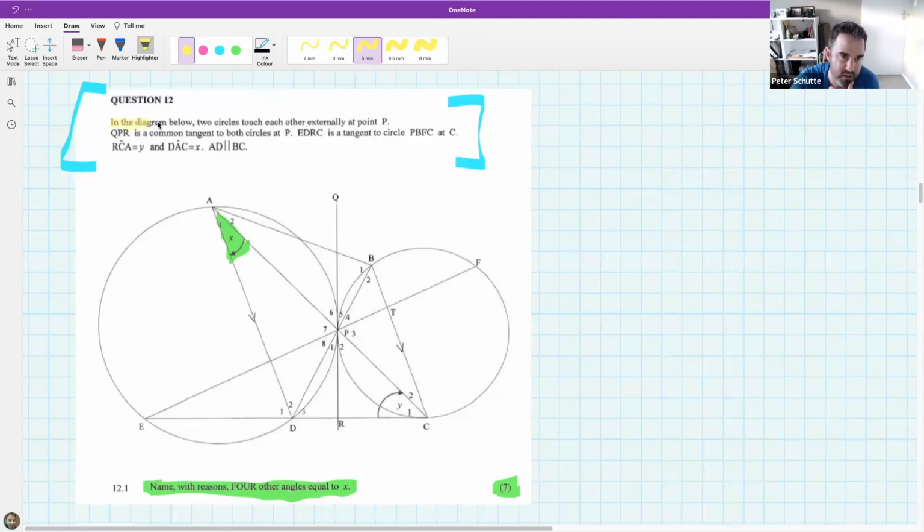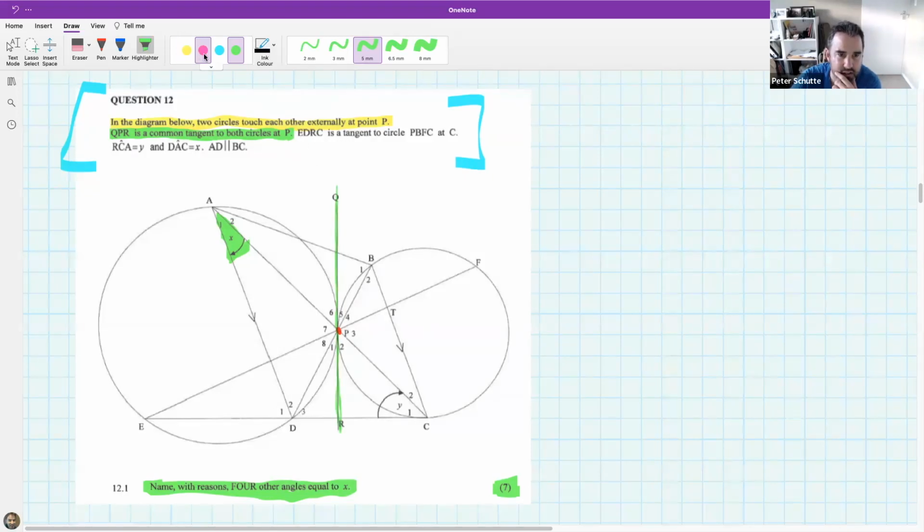It says in the diagram below, 2 circles touch each other externally at point P. So let me find point P. Point P is here. Then it says QPR is a common tangent to both circles. It's almost like I'm introducing myself to the problem. So there is the common tangent to both circles.